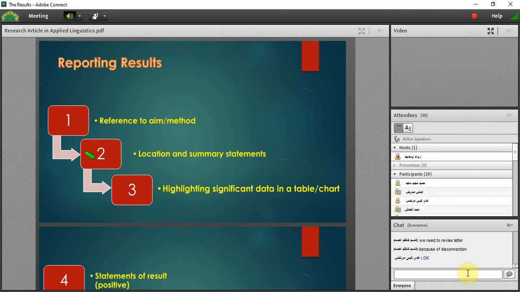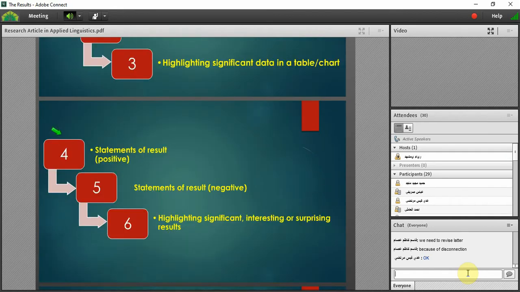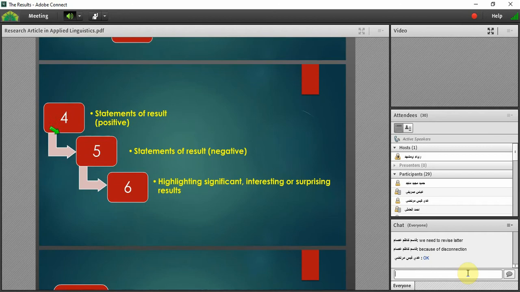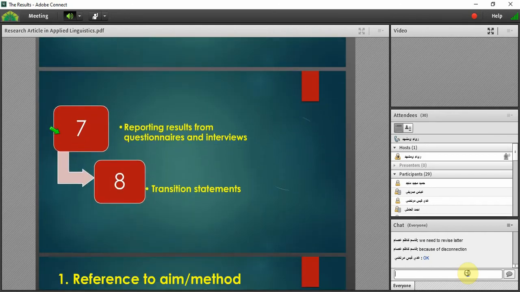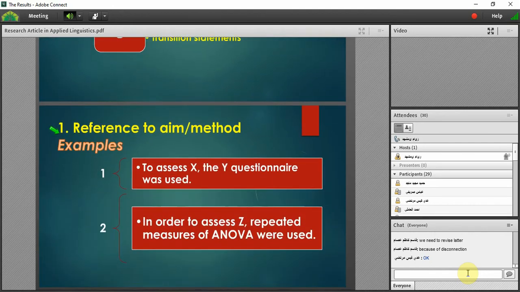The third one, highlighting significant data in a table or chart. 4, a statement of results, positive, a statement of results, negative. Highlighting significant, interesting, or surprising results. And 7 and 8, reporting results from questionnaires and interviews. And the last one is transition statements. So now let me show you examples one by one.